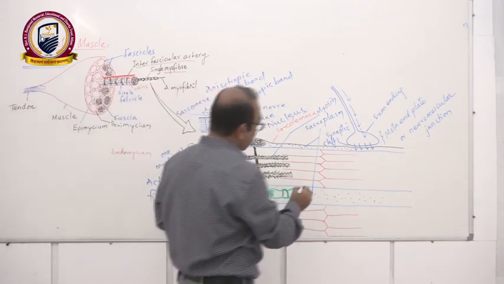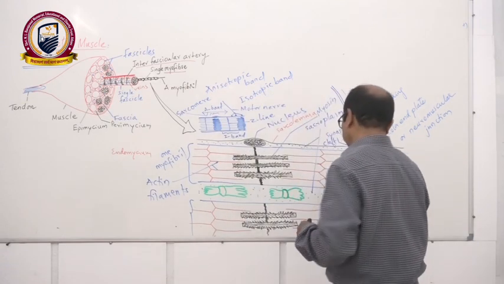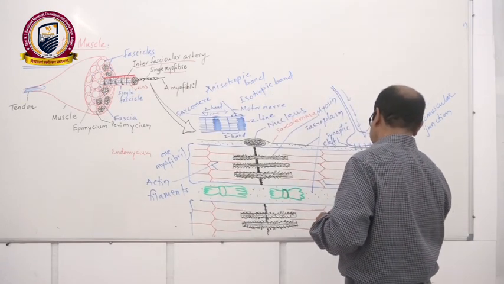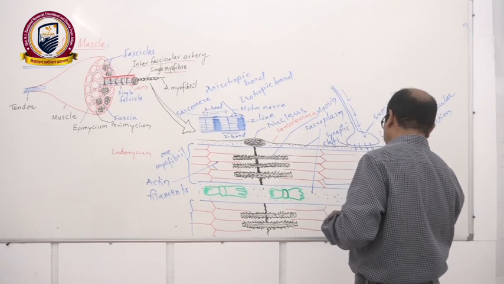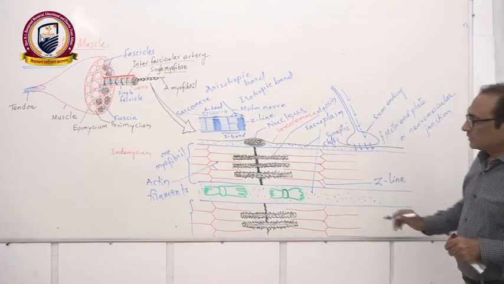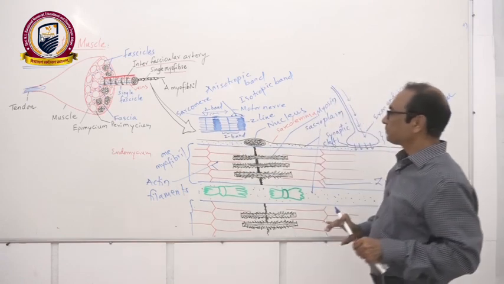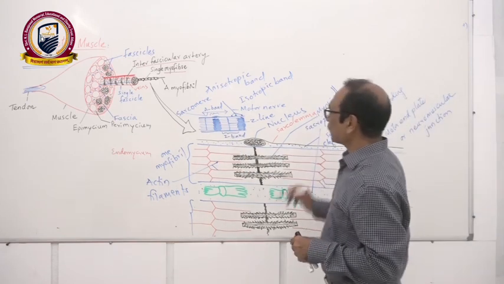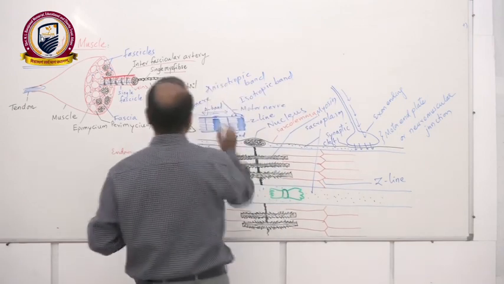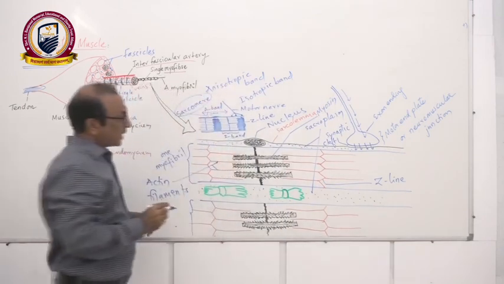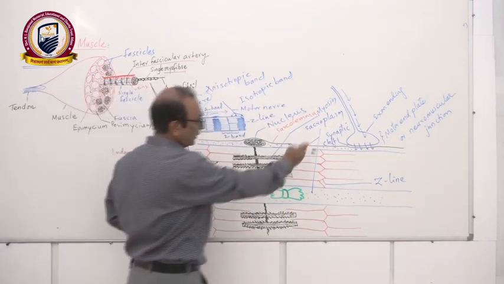So the zigzag line which you see here is the Z line, and as I told earlier, two Z lines demarcate one compartment that is called one sarcomere. One sarcomere from here to here.